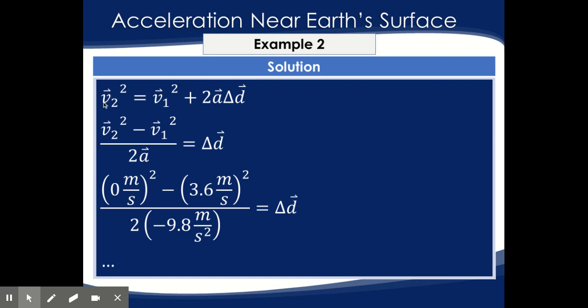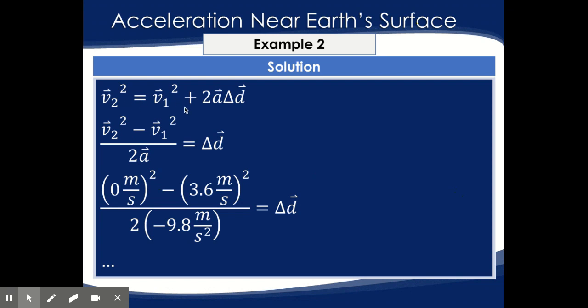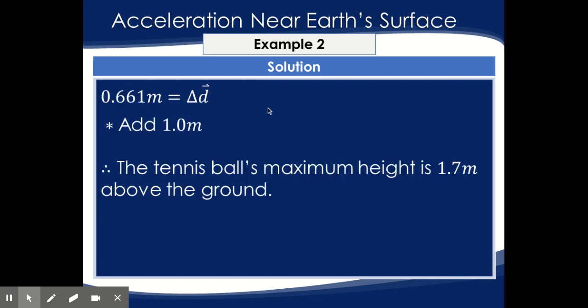The final velocity squared equals the initial velocity squared plus 2 times acceleration times the distance. They're choosing to rearrange this equation first, but you do not have to do that. If we plug in all of our values and solve for distance, you end up with 0.661 meters. This is the distance. That's not our total distance, okay?